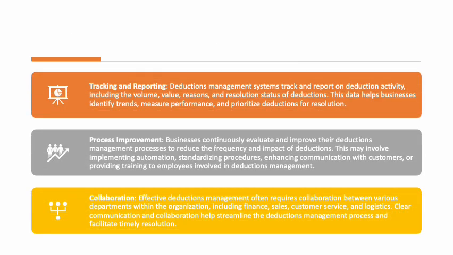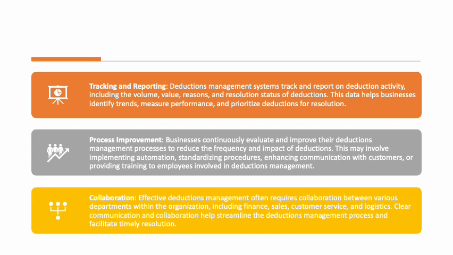Tracking and reporting. Deductions management systems track and report on deduction activity, including the volume, value, reasons, and resolution status of deductions. This data helps businesses identify trends, measure performance, and prioritize deductions for resolution. Process improvement.